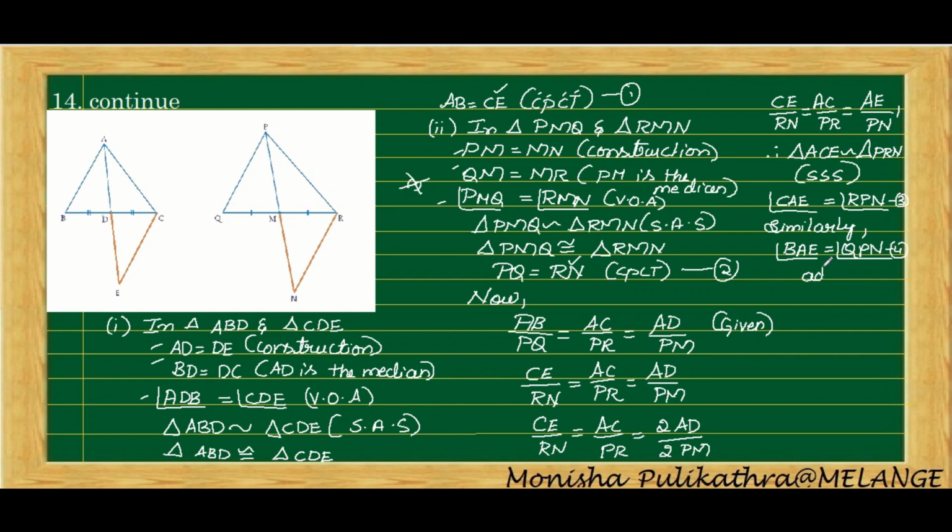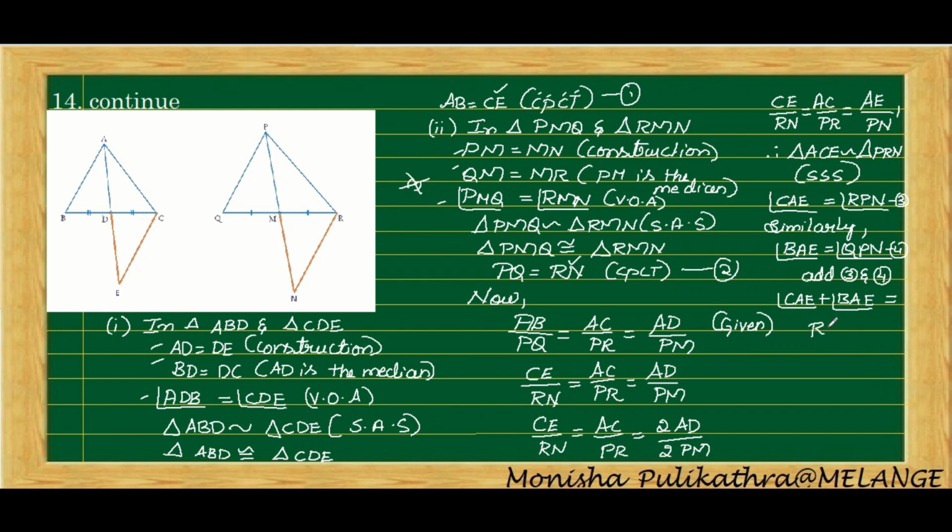Now I am just adding them. Add 3 and 4. If I add these, what will it become? CAE plus BAE is equal to RPN plus QPN, because we add LHS with LHS and RHS with RHS.